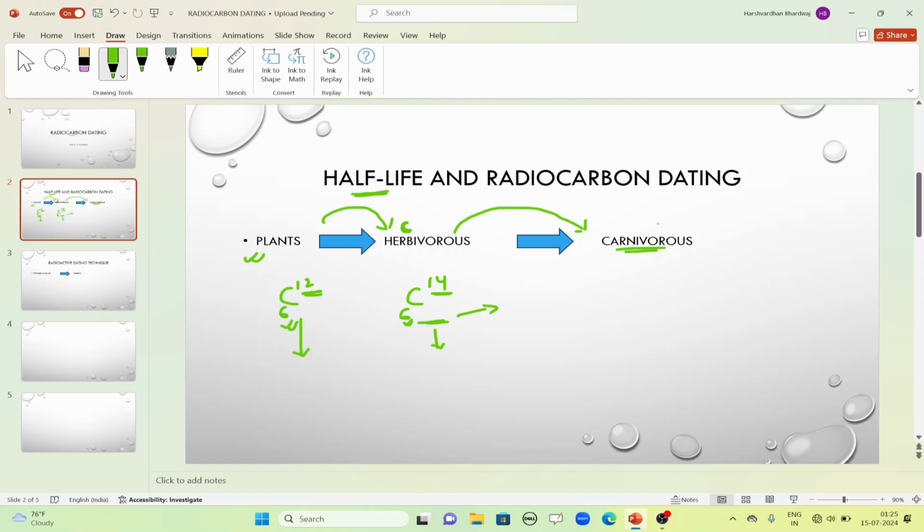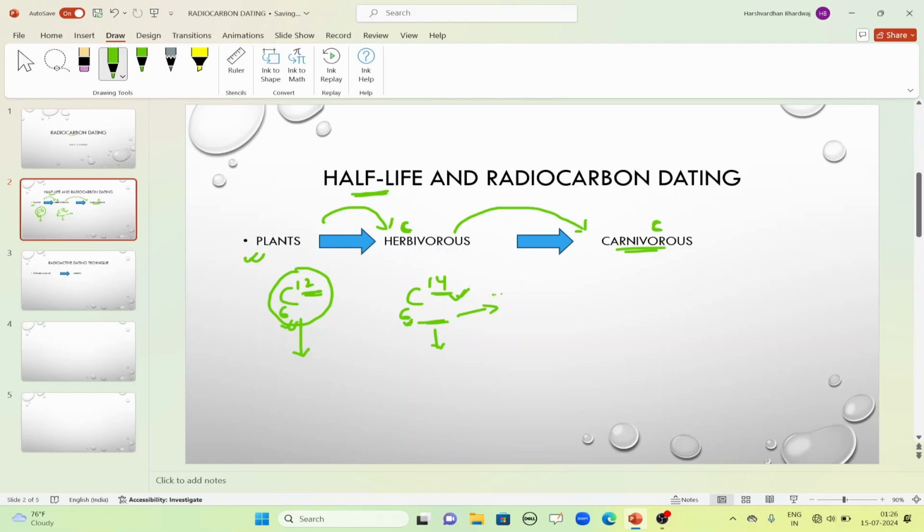So anyway, they get this carbon too. Most of the carbon they get is carbon 12, which, as I told you earlier, is the non-radioactive part, and a tiny fraction is the radioactive carbon 14 isotope.